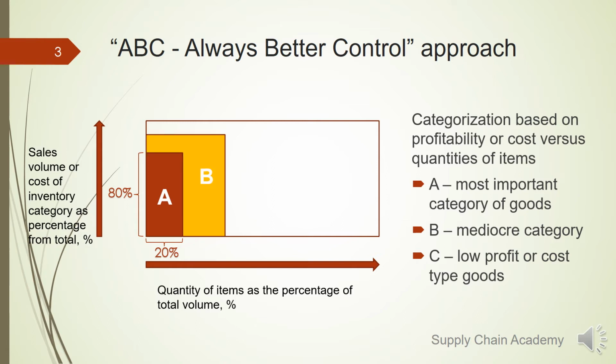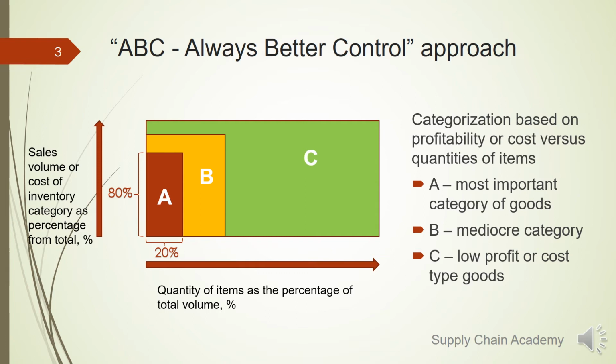So category A is the most important category for business, obviously. Category B is slightly more in terms of quantities, but less in terms of cost or sales volume. And category C is the majority of items in terms of quantity, while they just make up a small volume of sales or total cost.